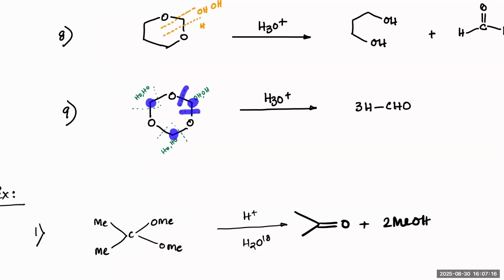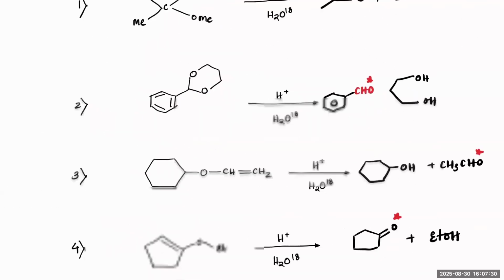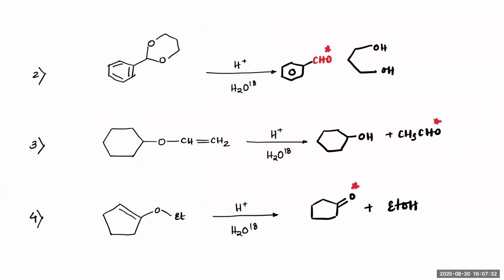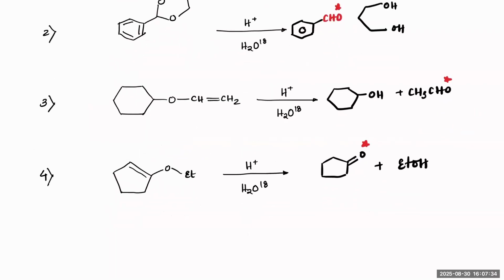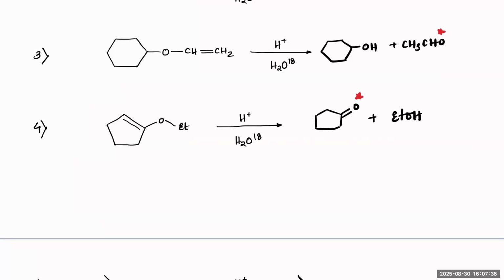So break here, here, here, here, and here. So these 3 carbons will become aldehyde, and the remaining part is nothing but oxygen only. You'll get 3 moles of aldehydes. Clear?